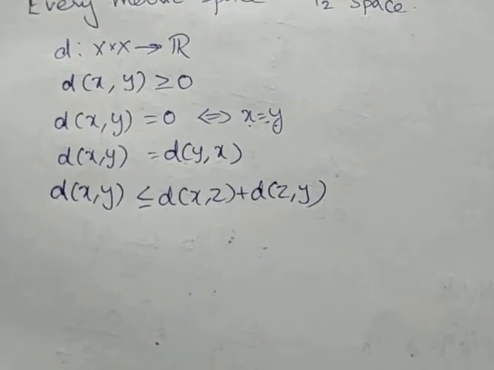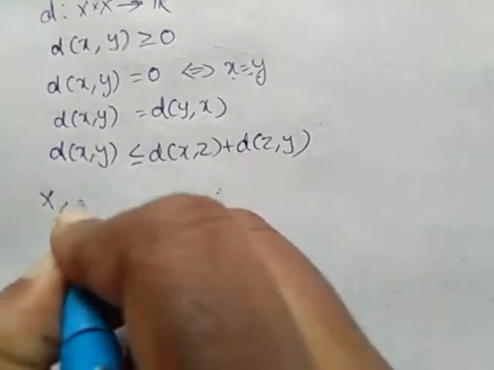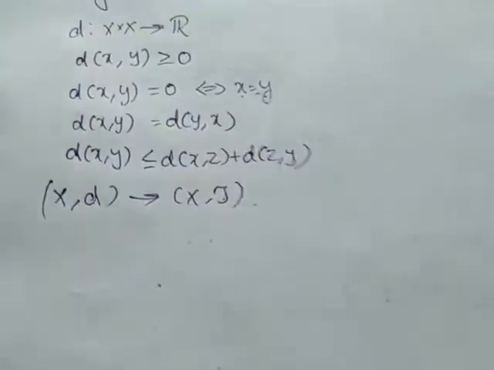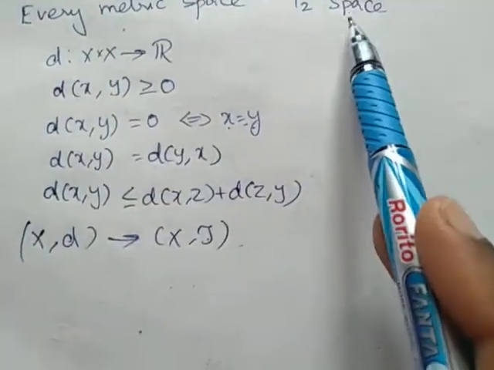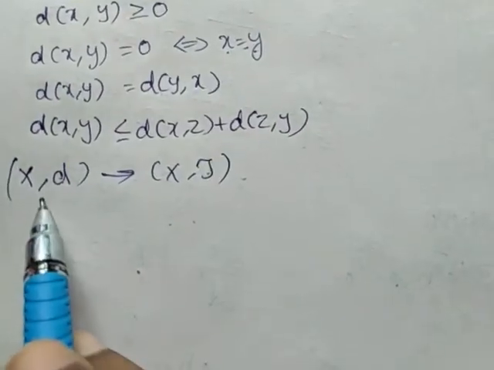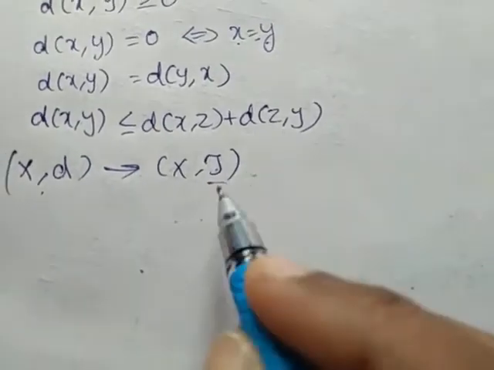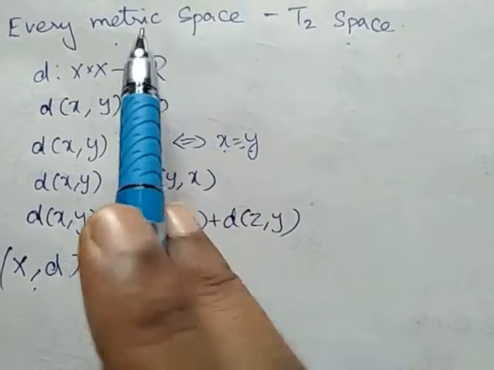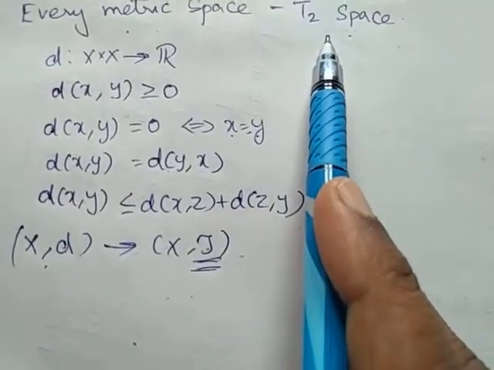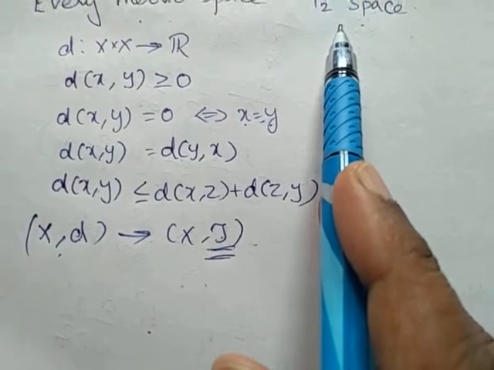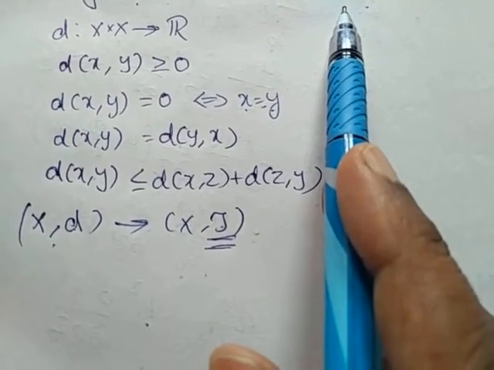So we are considering a metric space (X, d) with the topology induced by it as (X, tau). To prove a metric space is a T2 space, we should take 2 points and those 2 points should belong to 2 disjoint open sets.